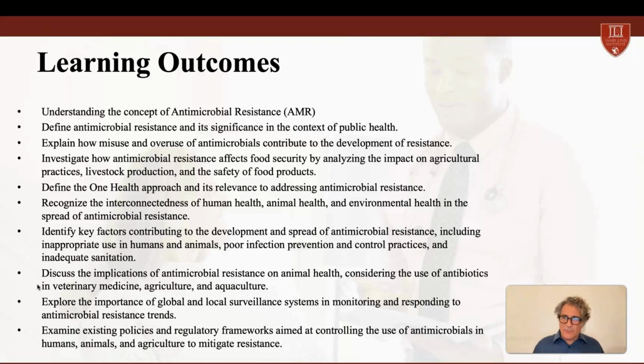Then we will focus attention on what is called the One Health approach. This is very important because, when talking about antimicrobial resistance, we will see how it affects the entire food supply and how dangerous it is for human health. But at the same time, it is important that we frame these issues within the One Health approach.